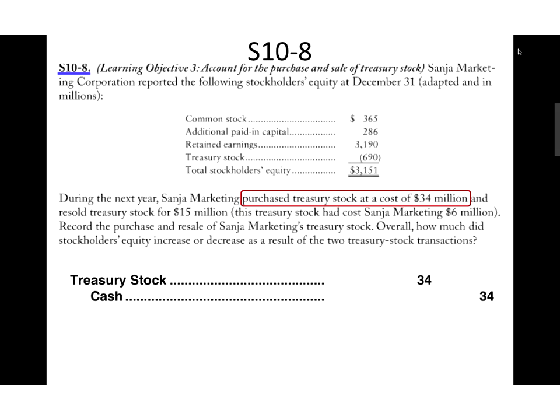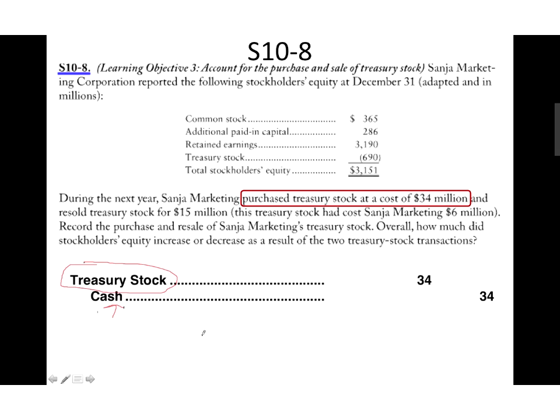When we buy treasury stock, we are reducing stockholders' equity. The first entry in the journal entry, treasury stock, reduces stockholders' equity, and the second entry, the cash credit, is reducing assets.